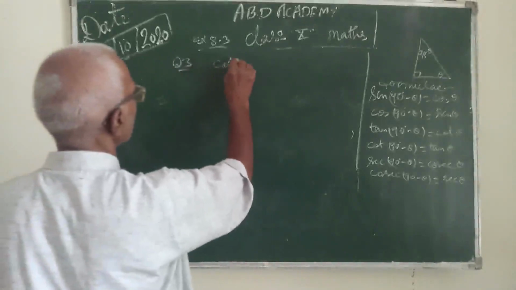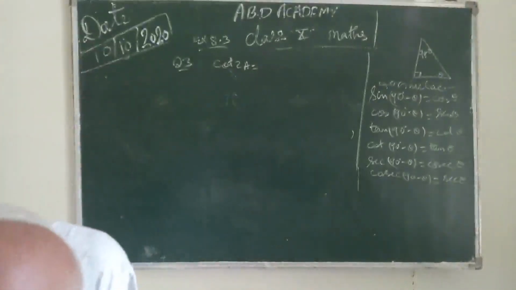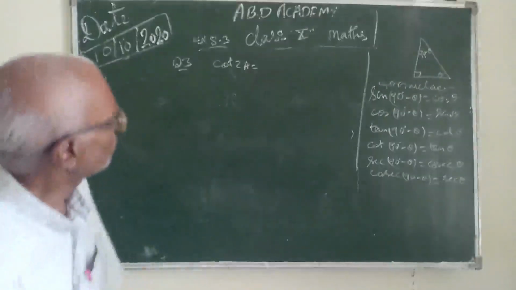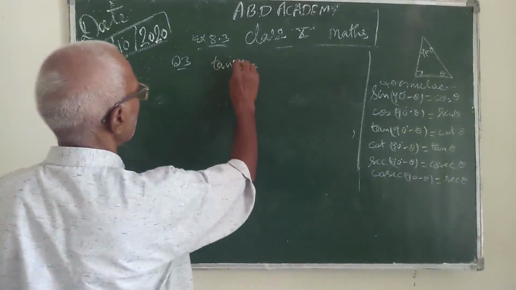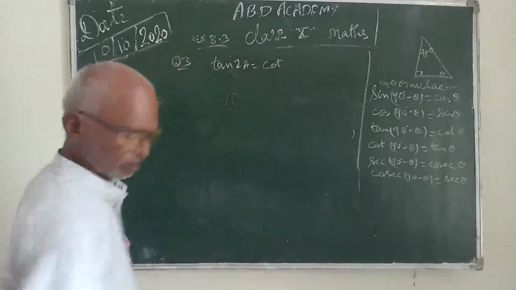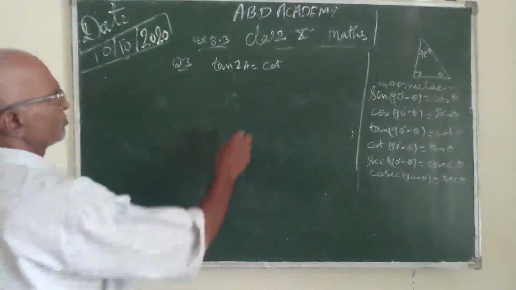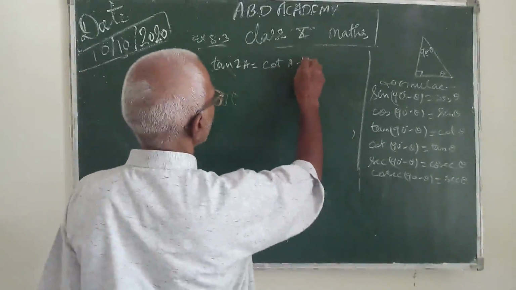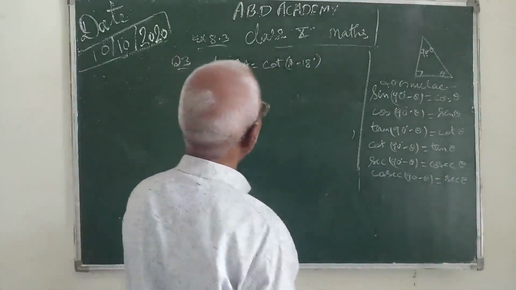If cot 2a is equal to, no, tan 2a is there, sorry. If tan 2a is cot of a minus 18 degree, then find the value of a.